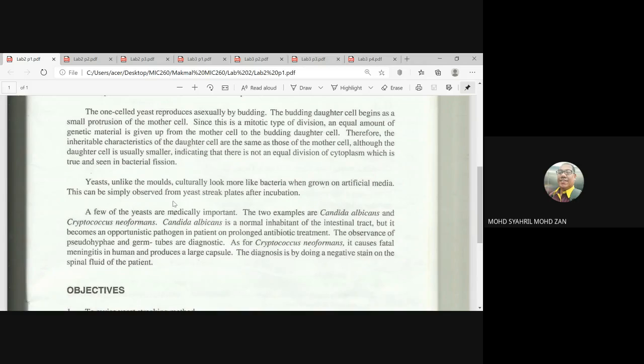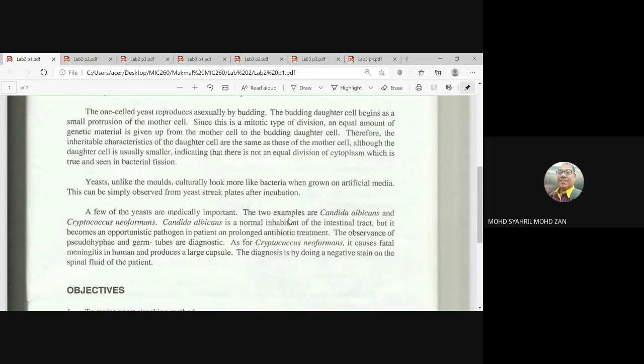This can be simplified by observation of the yeast streak plate after incubation. Okay, so once awak tahu tentang bakteria, fungi, so macam mana, kenapa dia sama? Sebab bentuk pertumbuhan dia macam biconcave juga, macam bakteria kalau awak pakai yeast, alright.